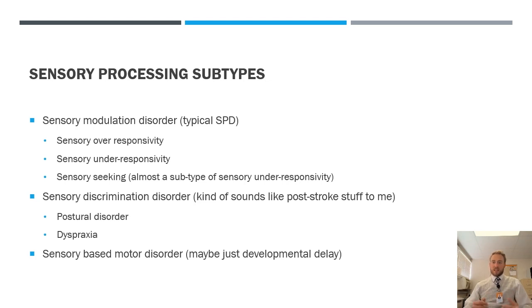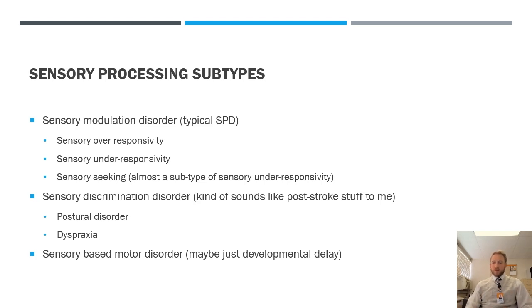If you're just seeing a kid that, my kid has sensory issues, if someone tells you that, it's more likely that they just have a sensory modulation disorder. And then there are described sensory-based motor disorders. I'm going to question if that is an isolated condition or if maybe it is a way to describe developmental delay.